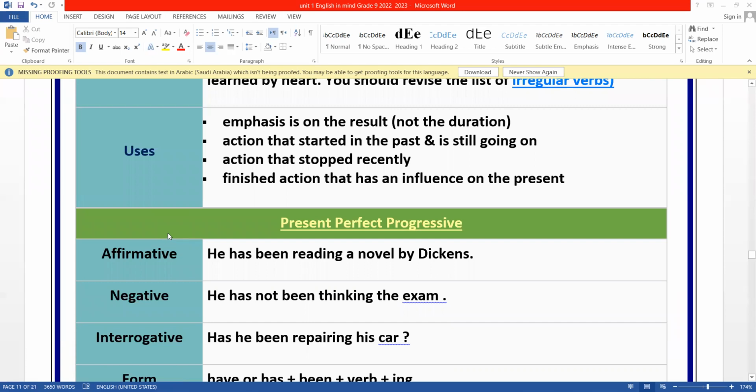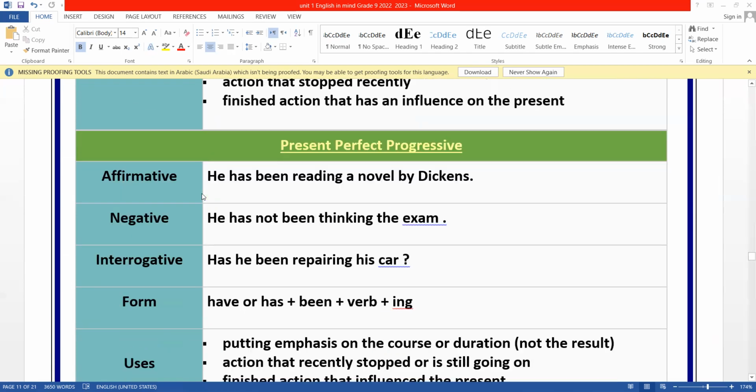For example, he has just left, he has just finished his homework. A finished action that has an influence on the present. I have read the instructions, but I didn't understand them.